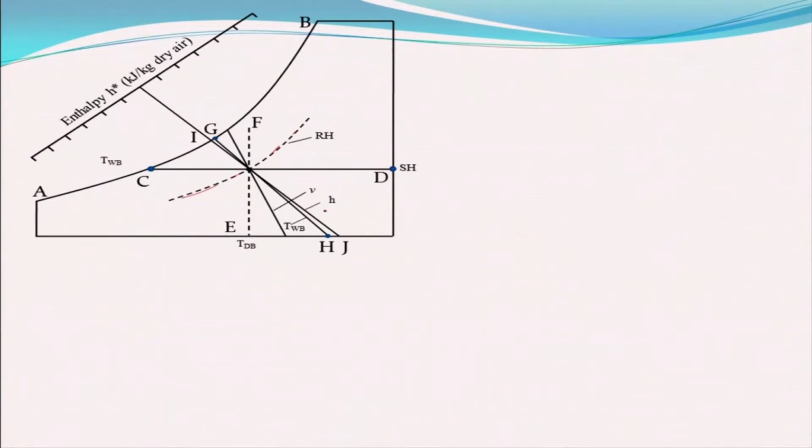The wet bulb temperature line sometimes crosses, sometimes goes slanting. It is not the same as the enthalpy line, but it is very close to that. You should keep that in mind. And of course, this vertical line will give me the dry bulb temperature. So this is the way you can go about it.